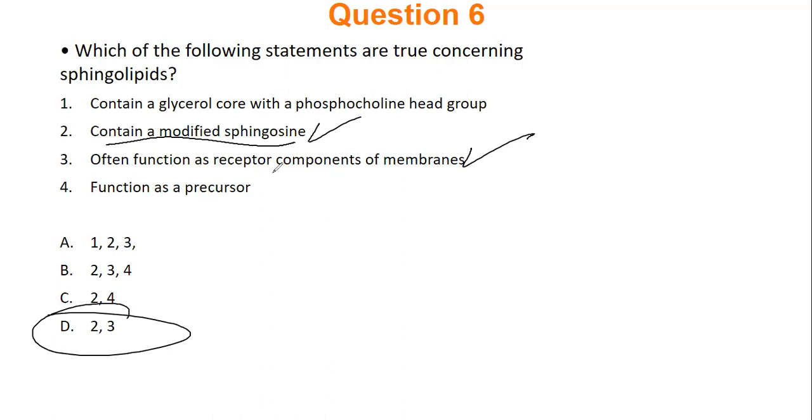For a precursor, you're taking multiple molecules and either modifying them a lot to create something new or sticking them together. That's not happening here. You just have a head group and you're maybe changing the head group, but you're not changing the whole lipid. So that's why I would go 2 and 3 here.